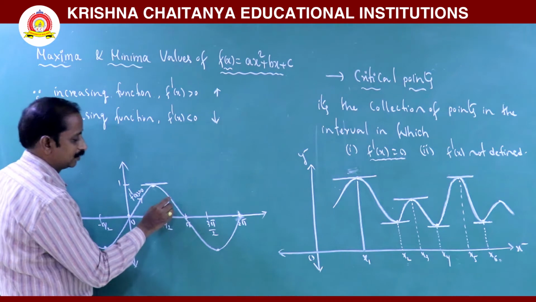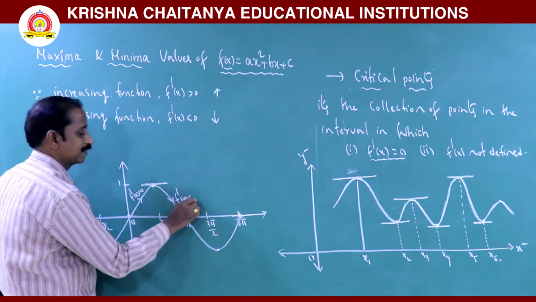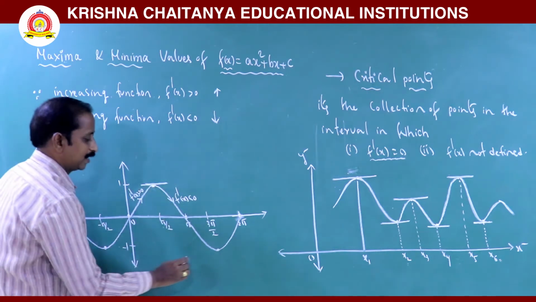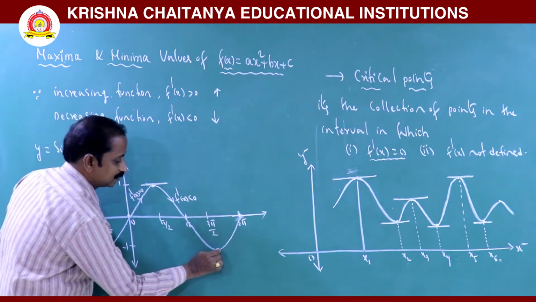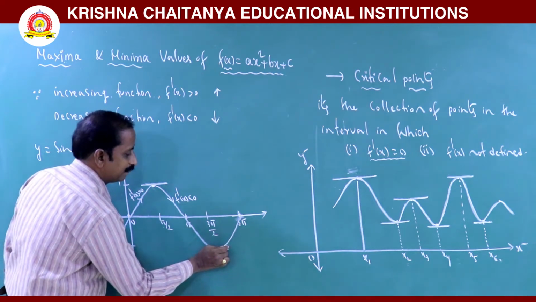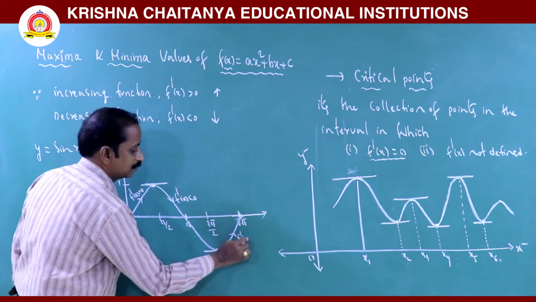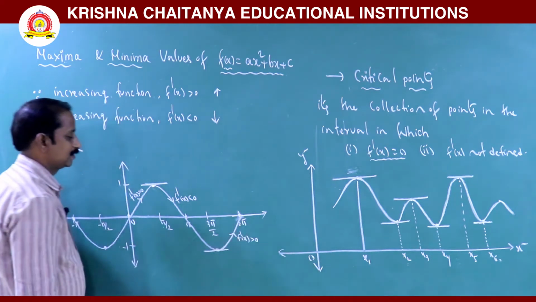Went down means the function is decreasing. We call it f dash of x less than 0. And at x is equal to 3 pi by 2, the graph goes up, meaning f dash of x greater than 0.